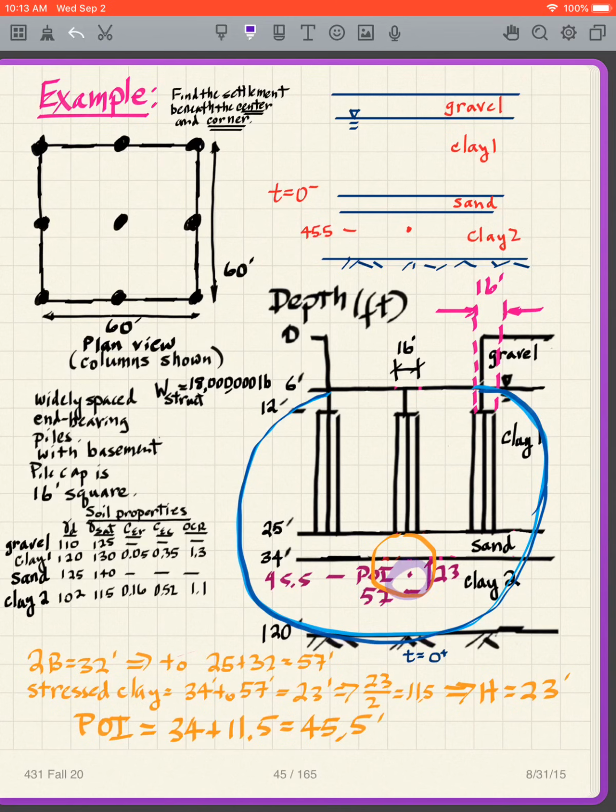But no matter, we are going to keep our point of interest there.